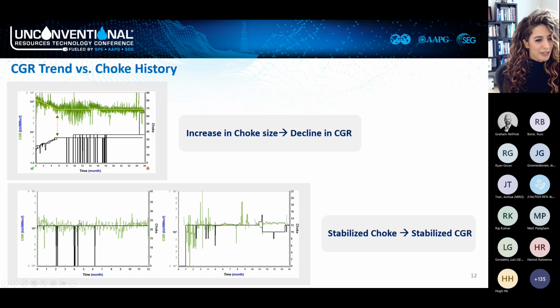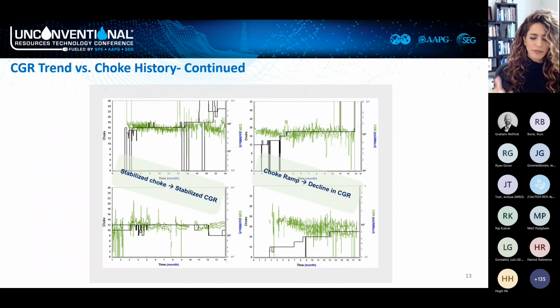However, interestingly enough, you can see that for as long as that choke size is constant and stabilized, it can lead into a high profile of CGR that doesn't decrease and keeps constant at CGRI, which is the second class of correlations that we've observed, that a stabilized choke will lead into a stabilized CGR trend.